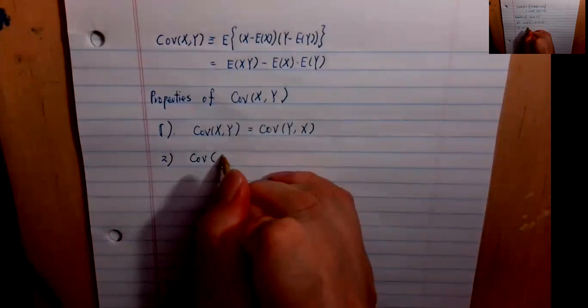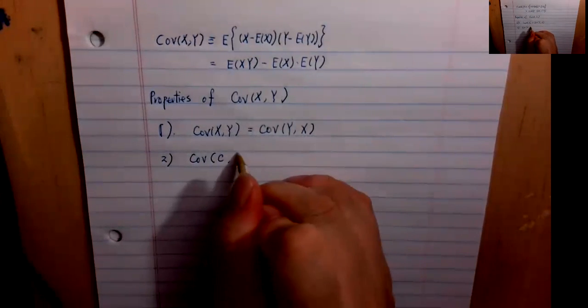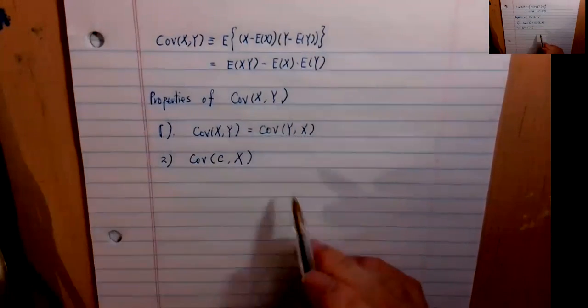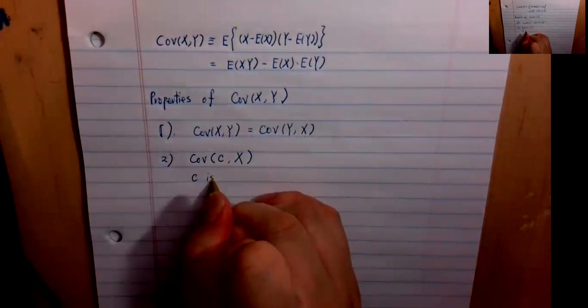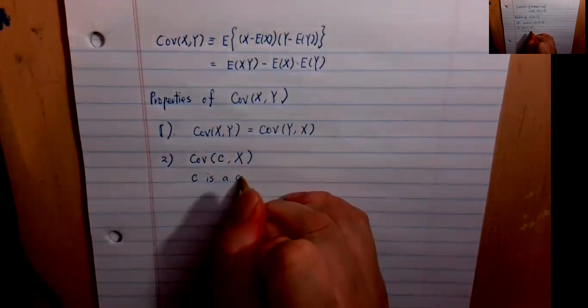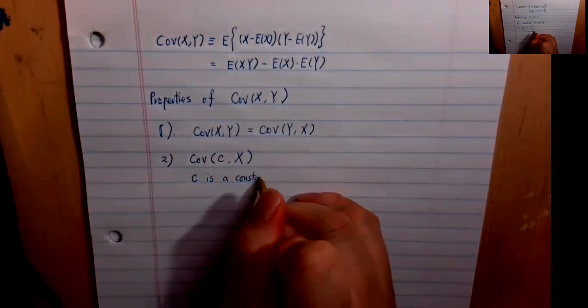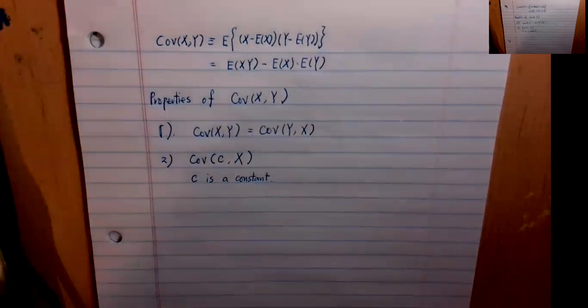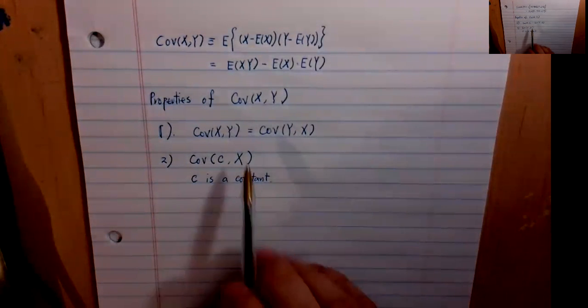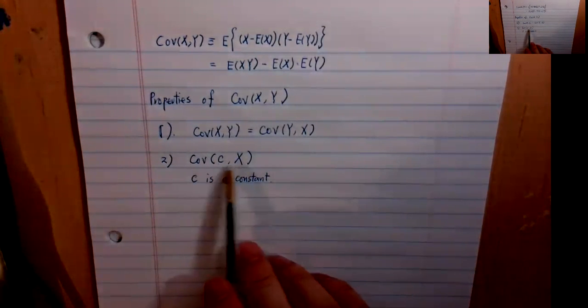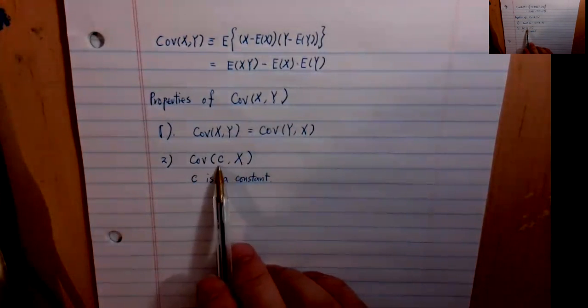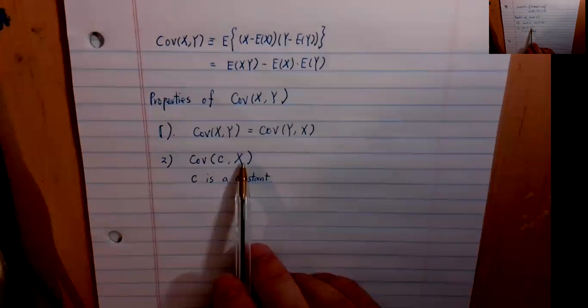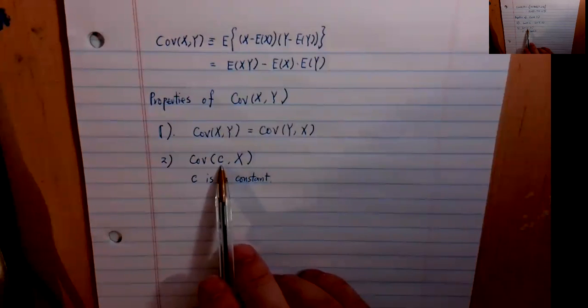And second one, covariance of a constant and X. Okay? If C is a constant, covariance of a constant and a random variable, no matter how X assigns its different values, the constant is always constant.